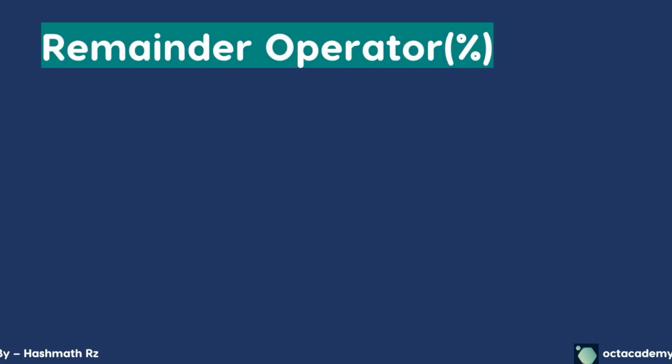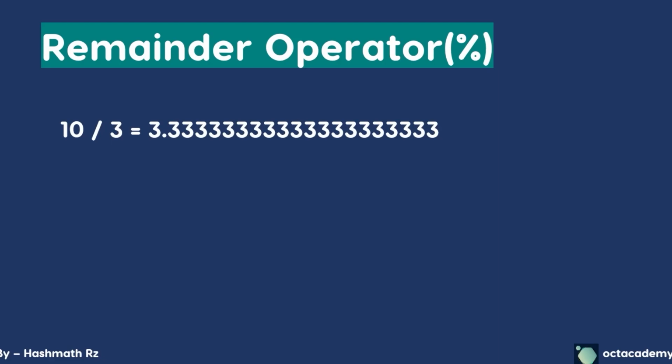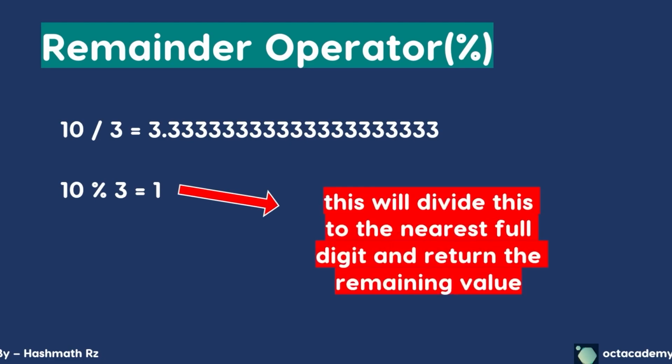Think, if we divide 10 by 3, what will be the answer? The answer will be an infinite decimal value, approximately 3.33333, which represents infinity, right? So for this, if we use the remainder operator, this will return 1 as the answer. What this will do is divide to the nearest whole number and return the remaining value.